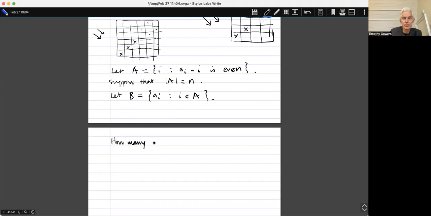So how many diagonals, so how many values of a_i minus i can there be with i not in A and a_i not in B? What I'd like to show is that it's strictly less than n.